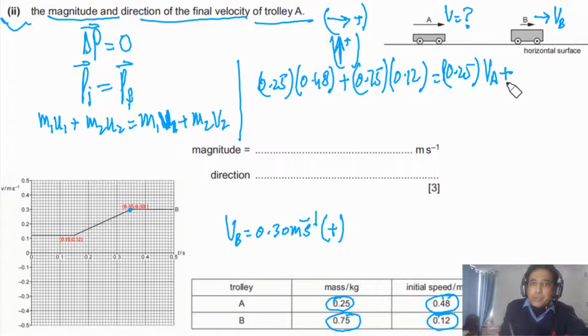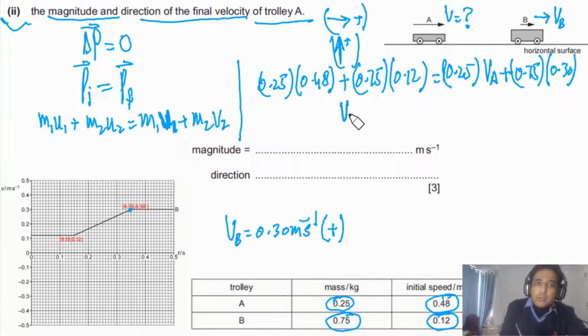Here we have the mass of trolley B, that is 0.75, and the velocity is positive because it is given to us as positive, so trolley B is moving to the right, so we can write down here 0.30.